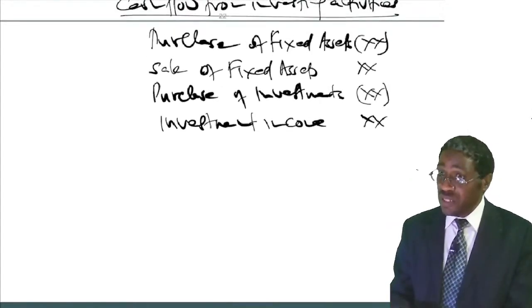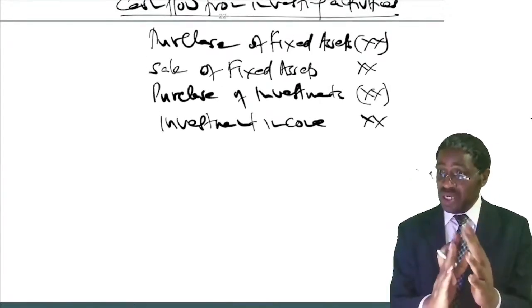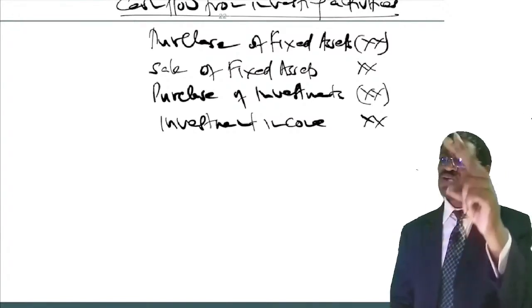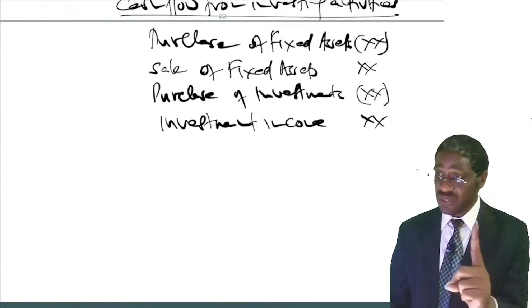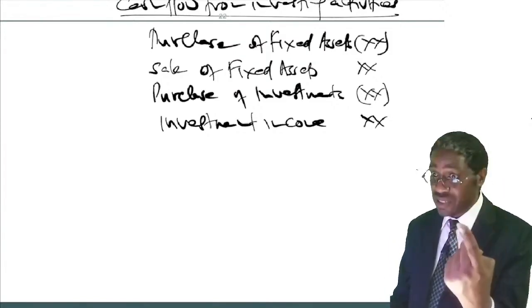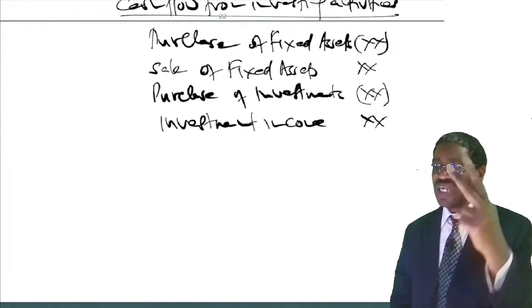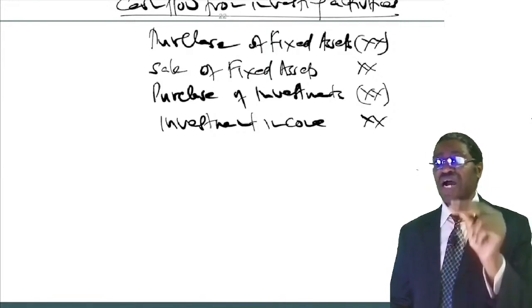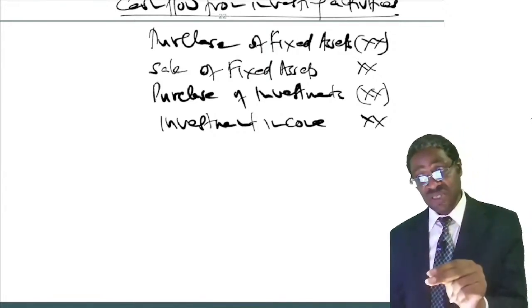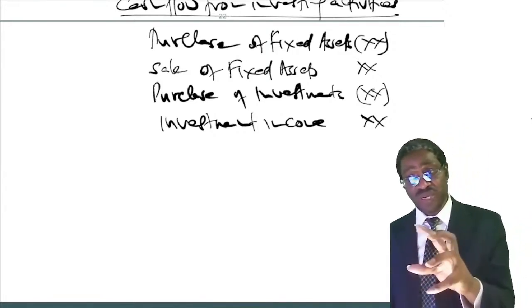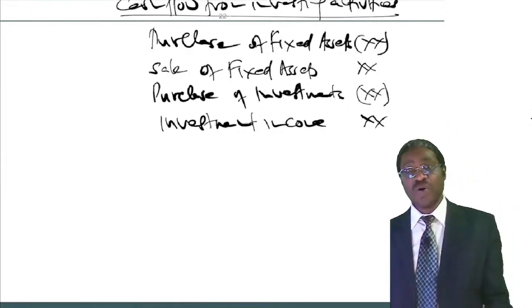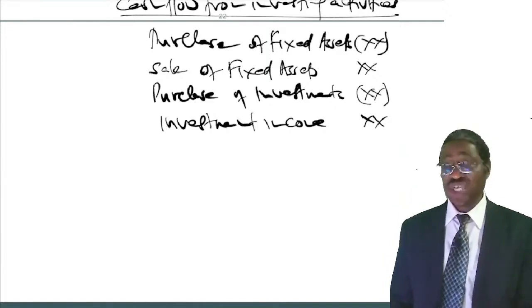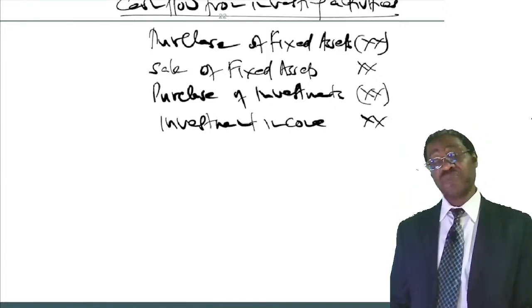I hope you now know where the investment income should go. We have said when you buy an investment and you classify it as a fixed asset in your balance sheet, once you receive an income from that investment, then it relates to a fixed asset. So any investment income should be classified as an investing activity. When I was asking for non-cash items, she gave us investment income as one of them.